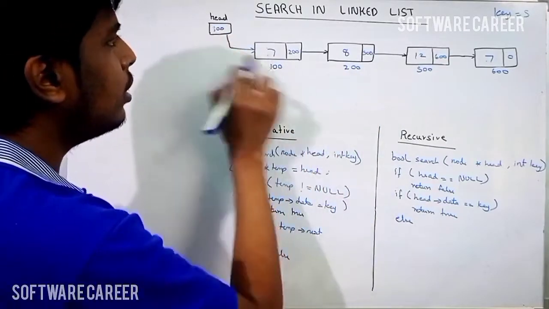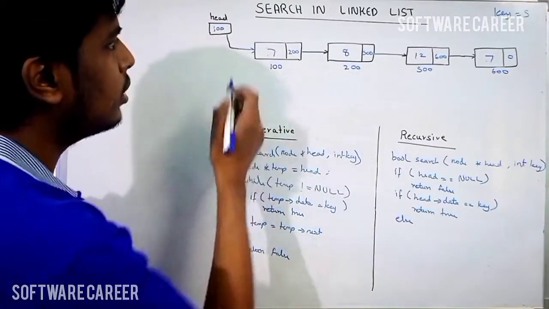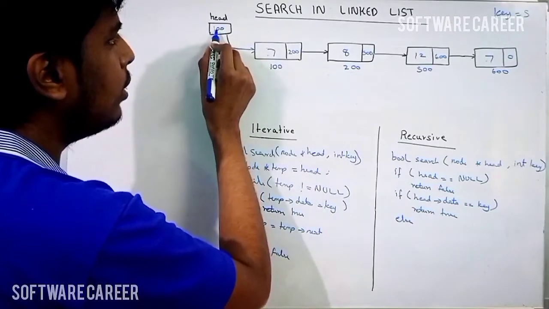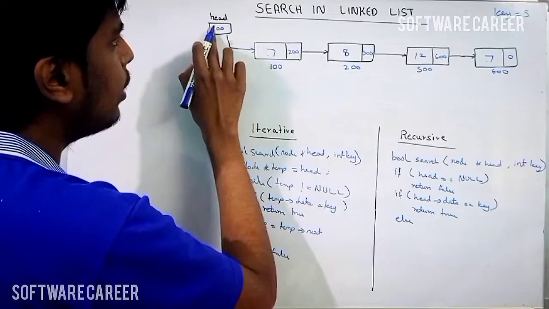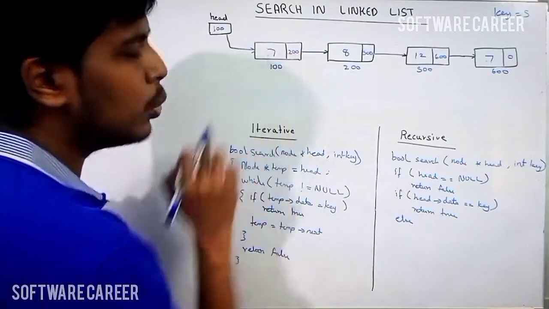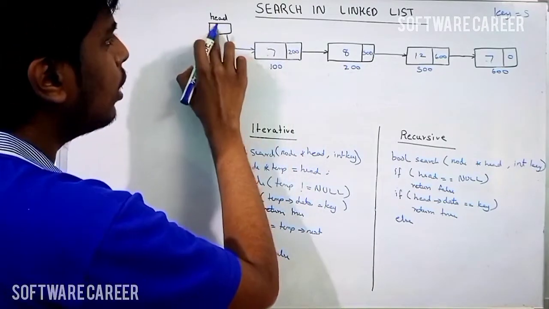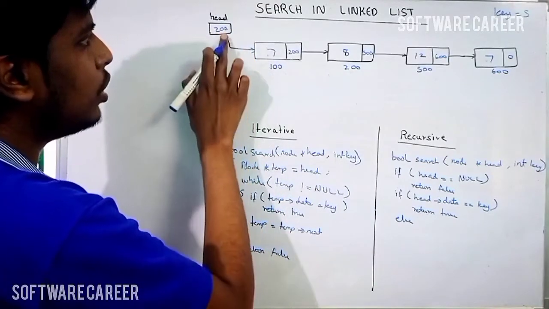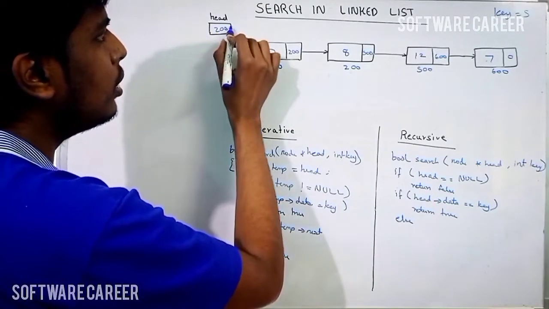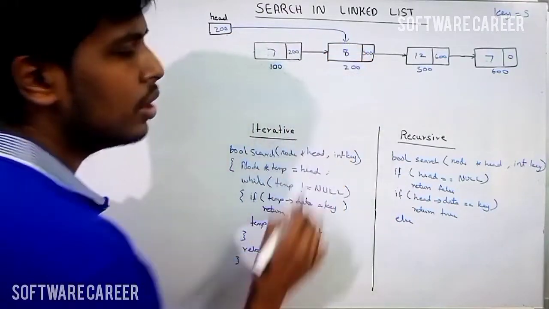I should change 100 to 200. How can I change it? I should change head equals head next. See, head is 100, and 100's next is 200. So I'll change 100 to 200 now. Head equals head next. Now if I change this value from 100 to 200, then this pointer will point towards the second node.